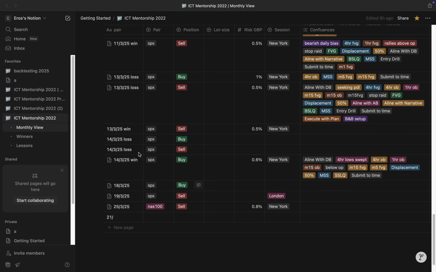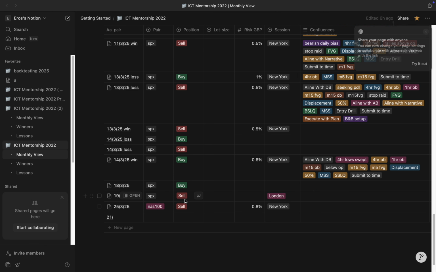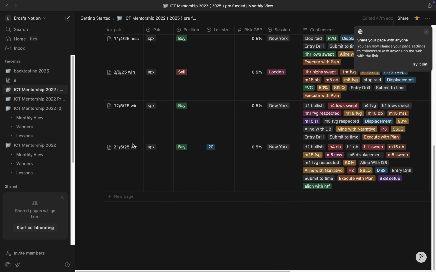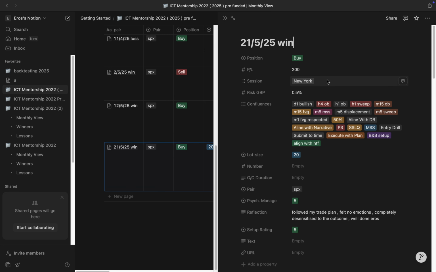As you can see, I was risking 0.5%. This New York session, we were target trading 4R, risking 50 per trade and aiming for around 200. These are all the confluences.